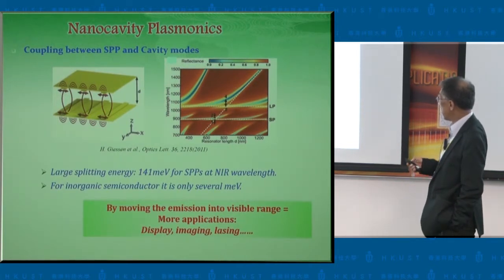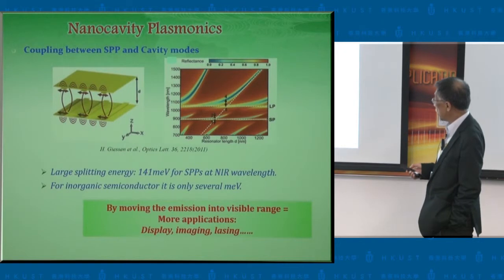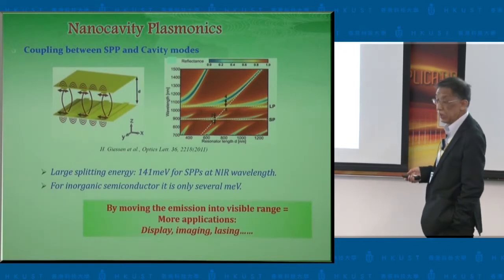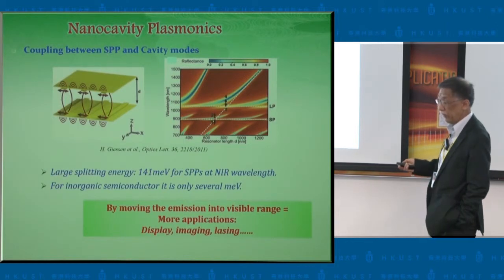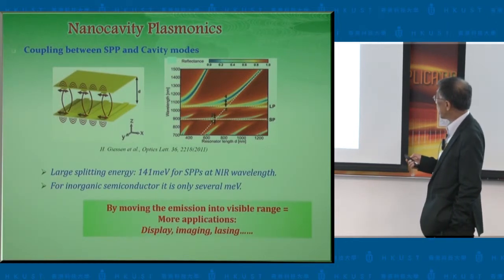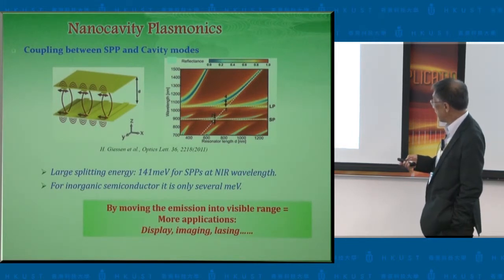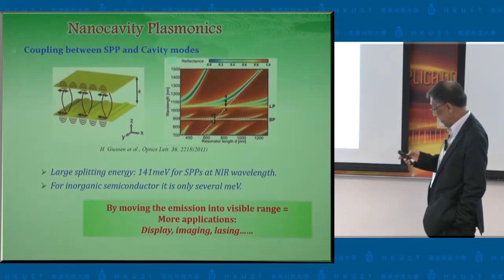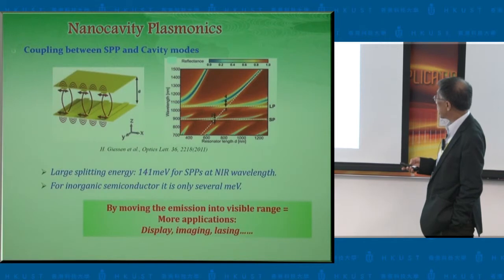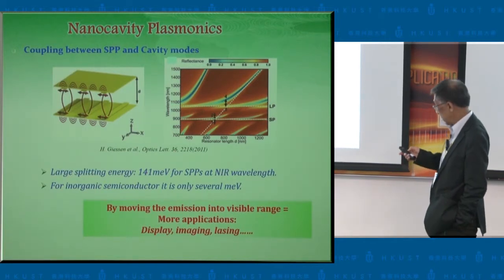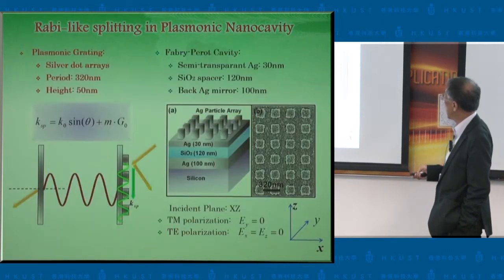The application could be in display, or lasing, or in fact ultra fast switching. You could get it on and off fast enough. So that is something which is quite interesting, and the fact that you could do that with a large splitting allows you to probe some of the more exotic physics.